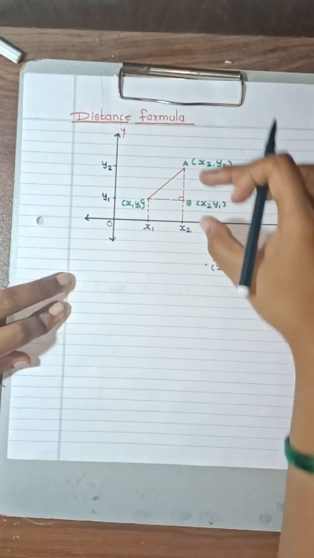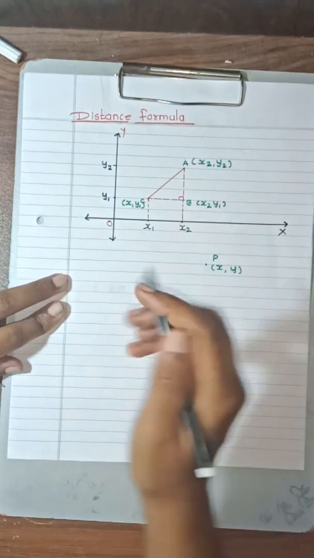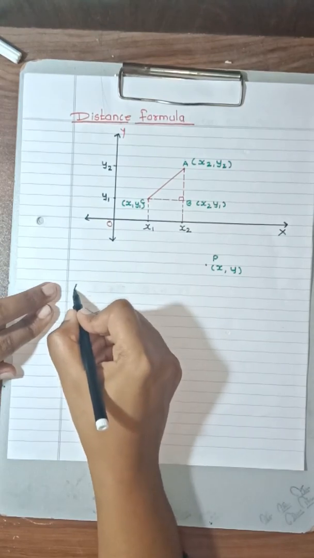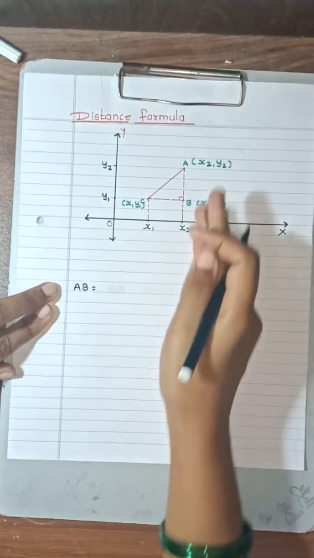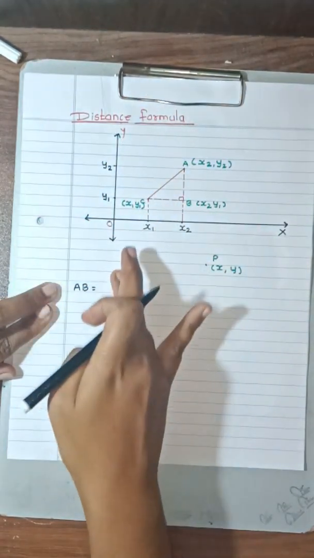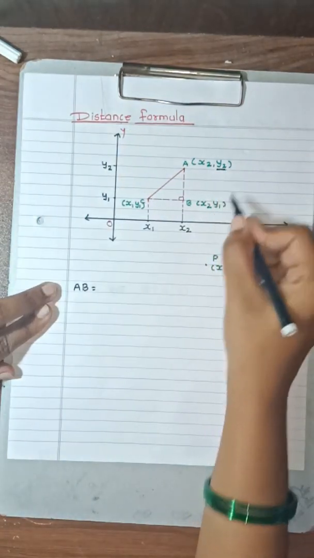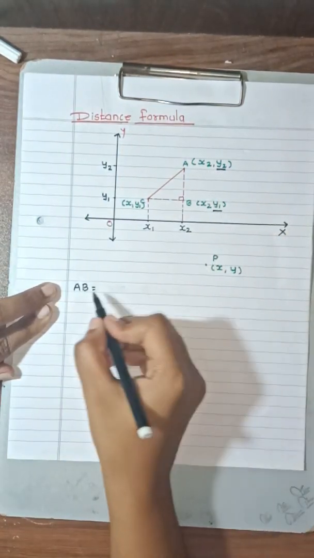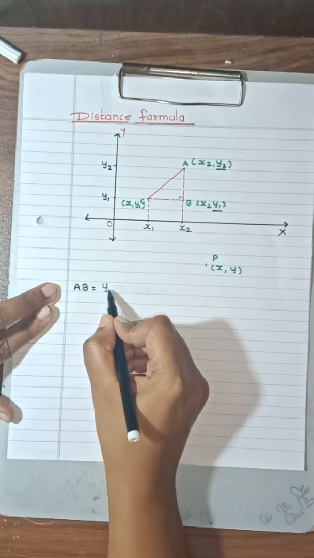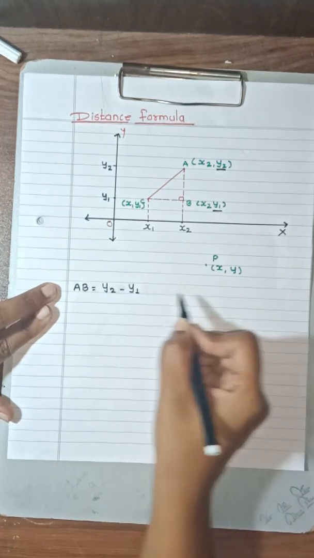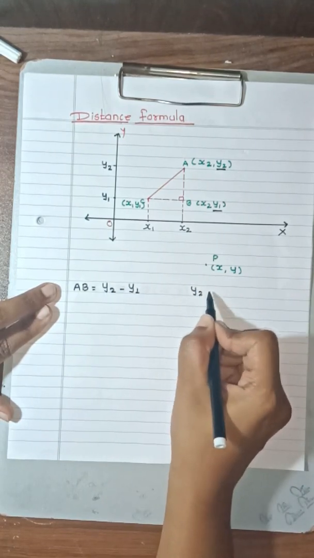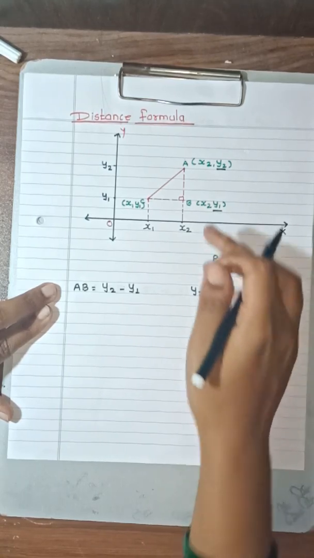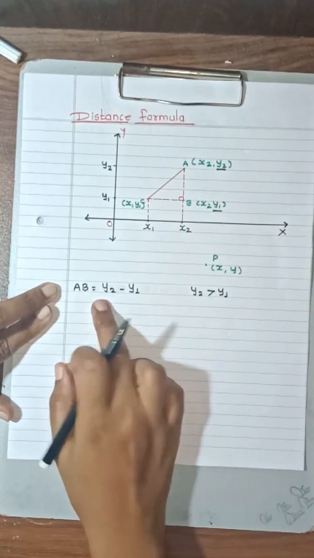Now children, if you see distance AB, how will you find AB? This AB is parallel to the y-axis, therefore you will be considering y coordinates. Distance AB will be y2 minus y1, and write down here y2 is greater than y1. If y1 is greater, then you can take y1 minus y2.